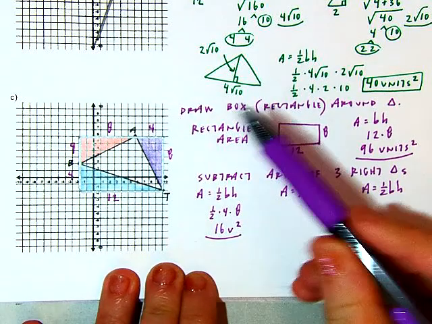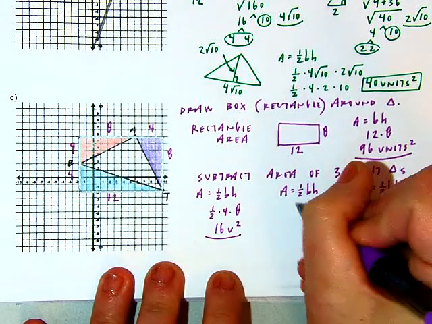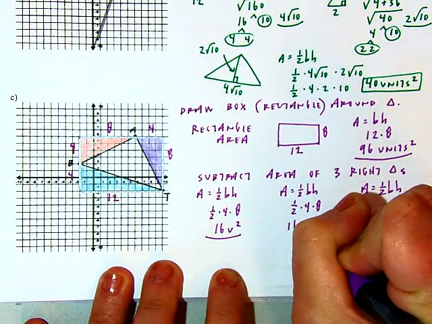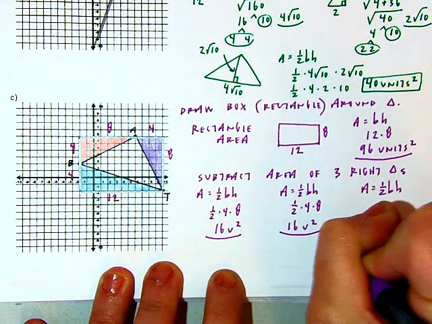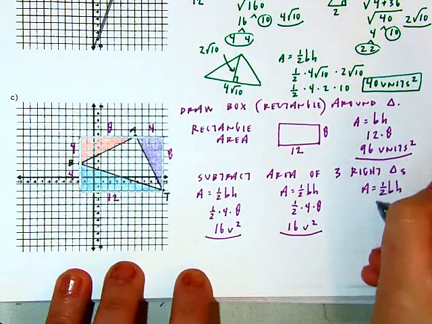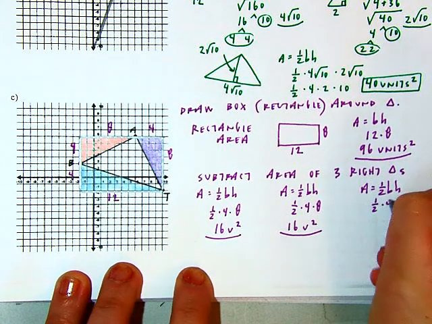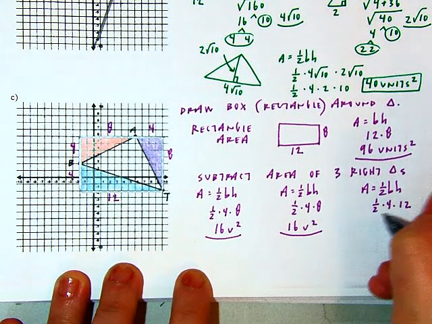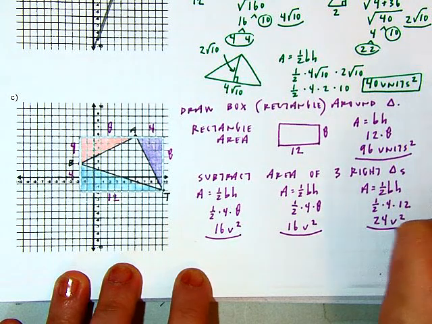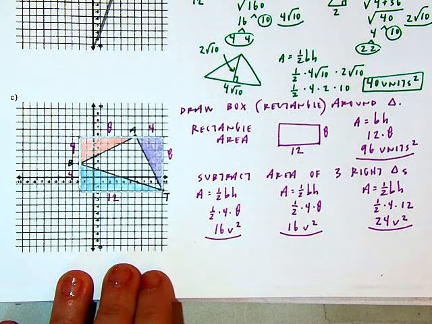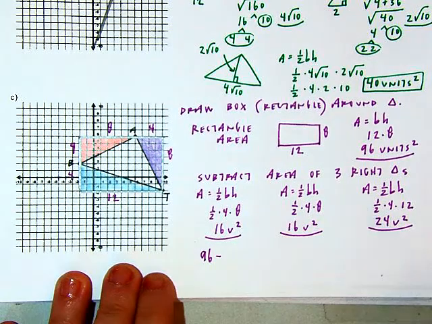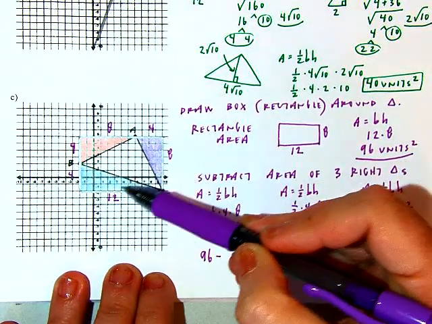Okay, for this one, we also have 4 and 8, so we know it's going to be the same. I'm just going to show you the work. 16 square units. Okay, and then this one right here, I have the 4 and the 12. So 1/2 of 4 times 12. So 2 times 12 is 24 square units. So I want to take my rectangle, which was 96, and I want to remove these 3 triangles.